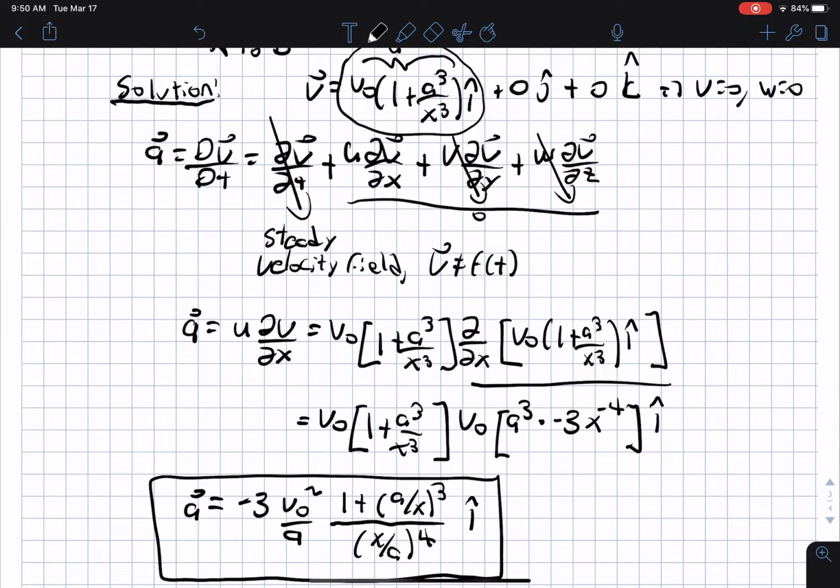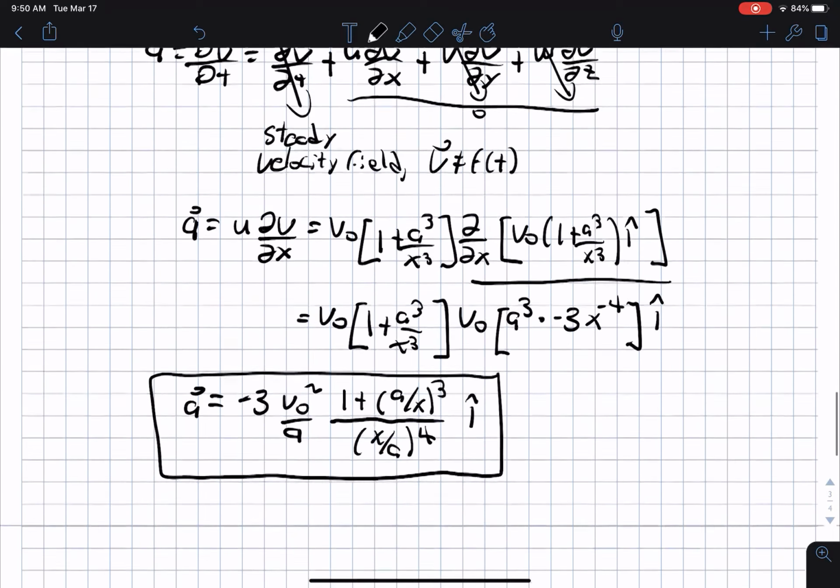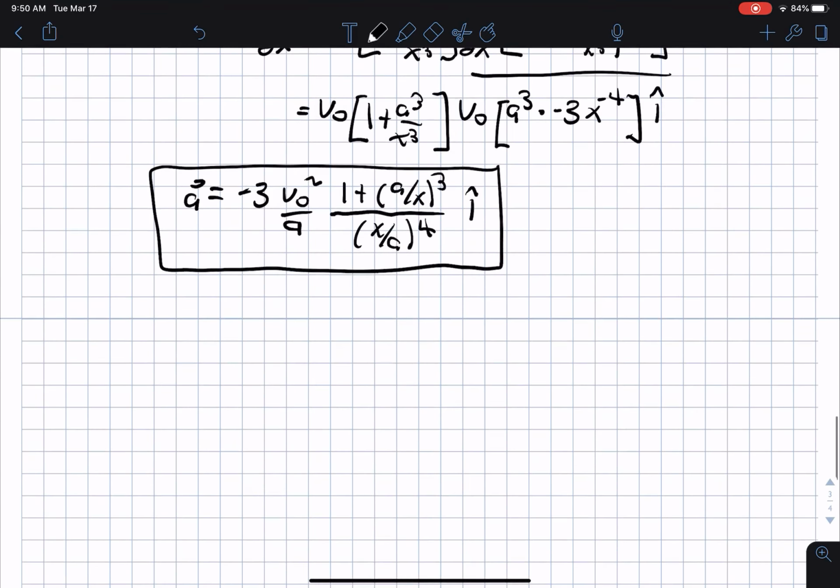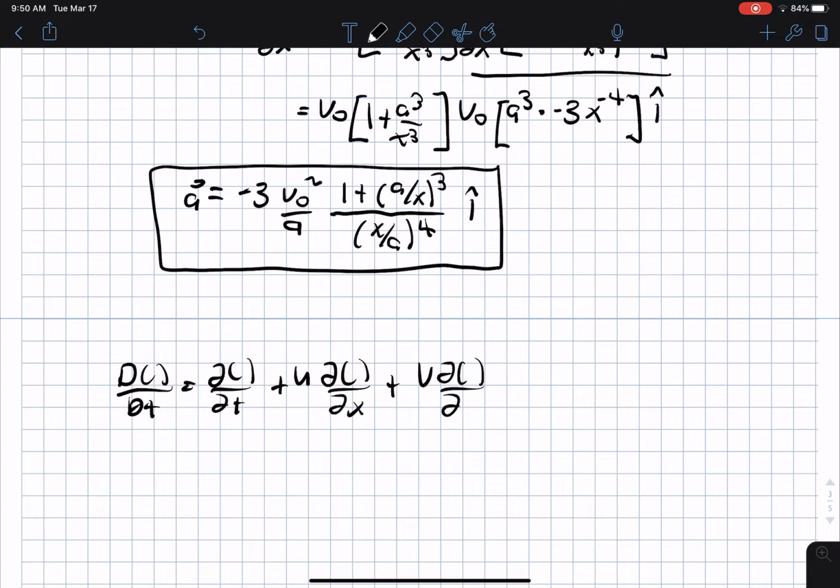Okay, and so in general, D v D t equals partial t plus u partial x plus v partial y plus w partial z.